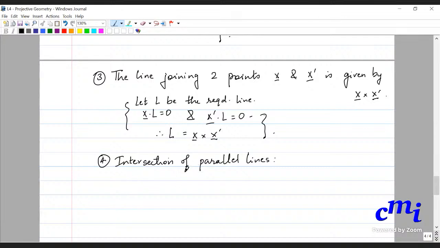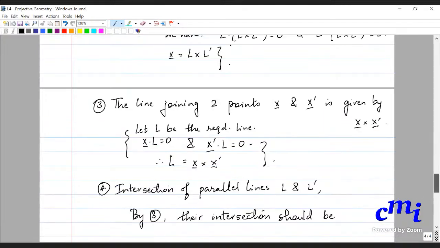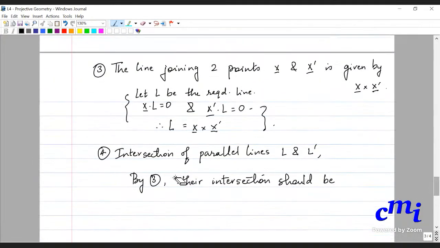So by what we wrote above, by 2, the parallel lines, let me call them L and L prime. By 2, their intersection should be L cross L prime.